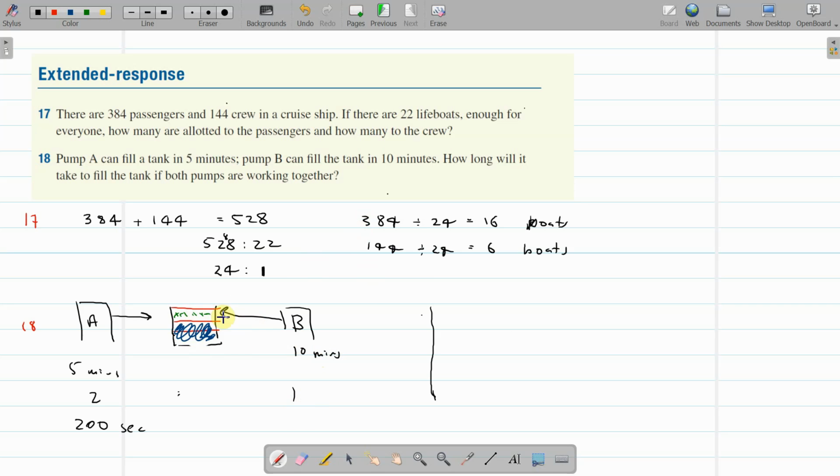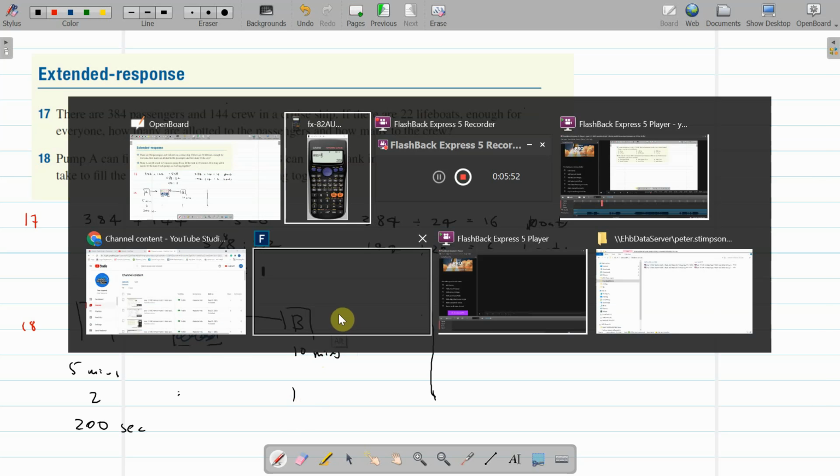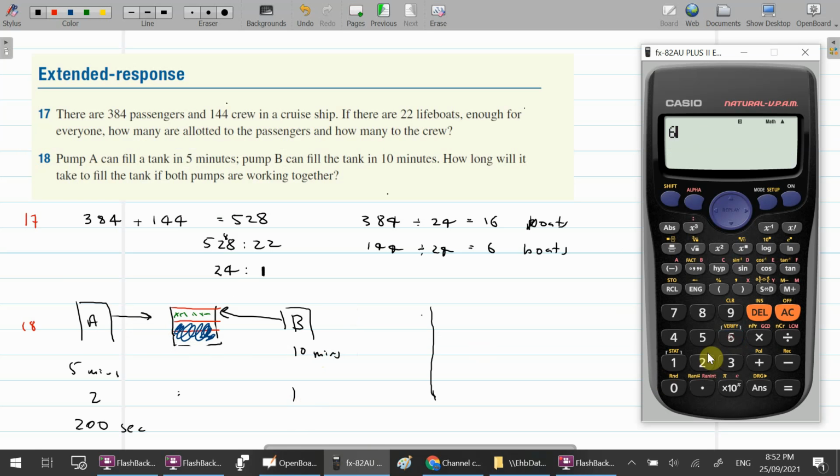So what's 1/3 of 10 minutes? Well, 10 minutes is 600 seconds divided by a third. No, times 1/3. 200, there we go.